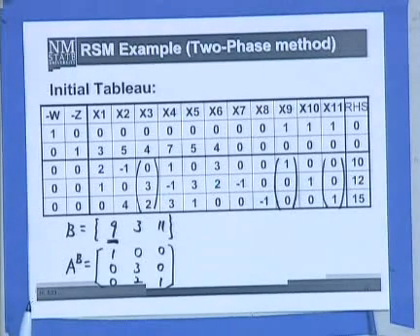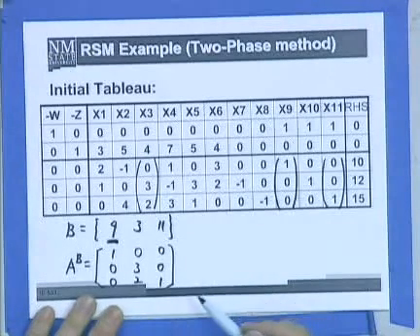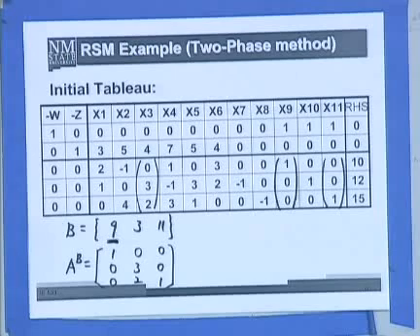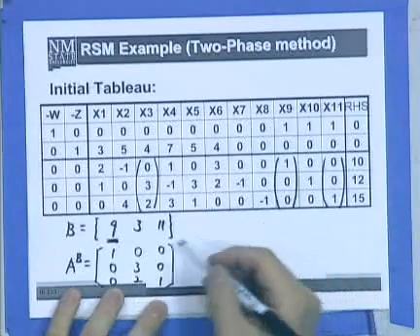And now we need to update the basis inverse matrix. We've learned the basis inverse matrix can be obtained by updating the old basis inverse matrix, right?